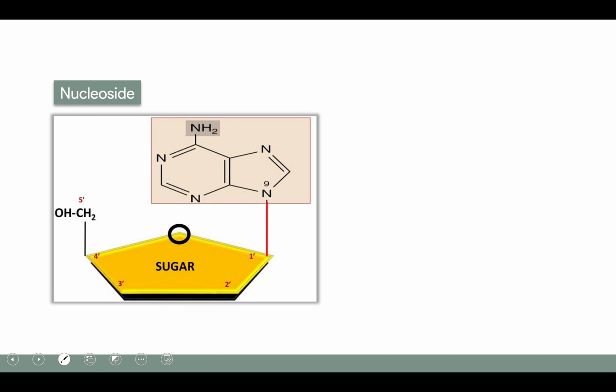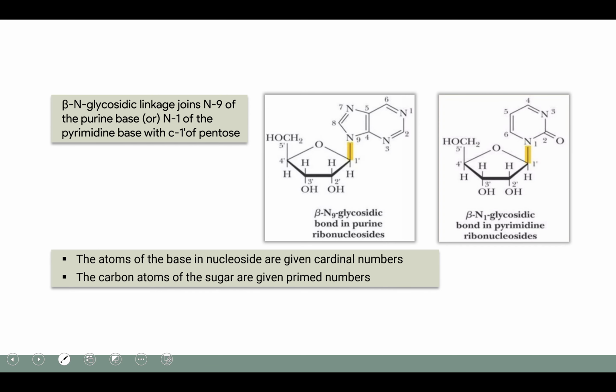Now the combination of the nitrogenous base and the sugar moiety forms a nucleoside, and in this nucleoside there is a linkage. In purine there is a beta-N9 glycosidic linkage, whereas in pyrimidine there is a beta-N1 glycosidic linkage.